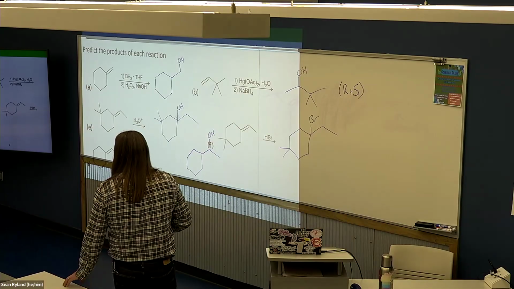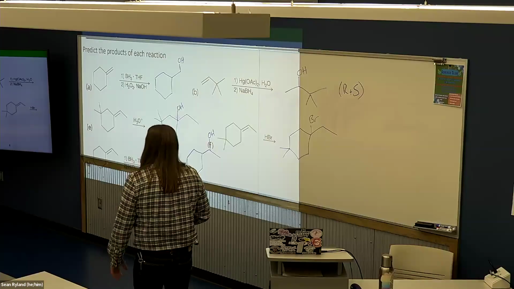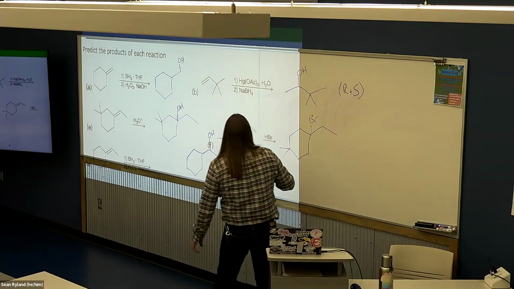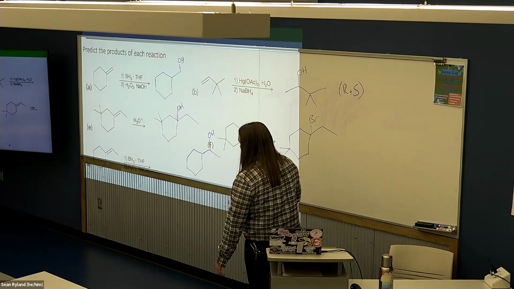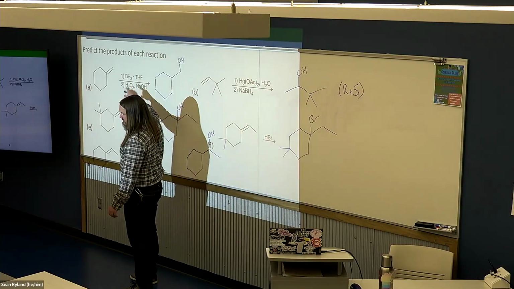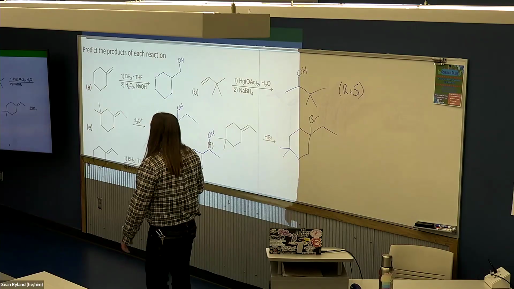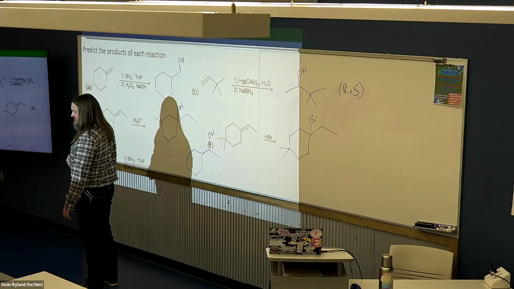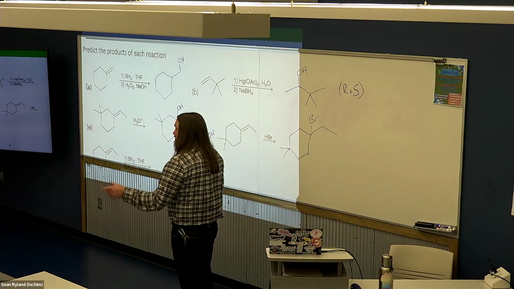The general rule is that your nucleophile goes on the most substituted carbon. So far, the only mechanism we have that doesn't follow that rule is hydroboration. Everything else is going to follow our common rule. Hydroboration, you've got to be careful.